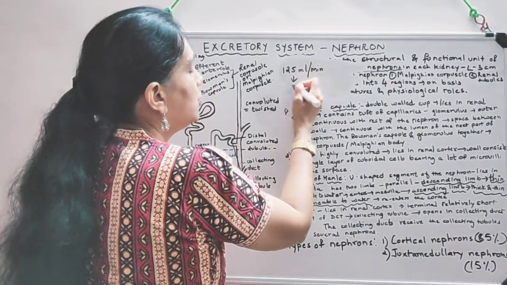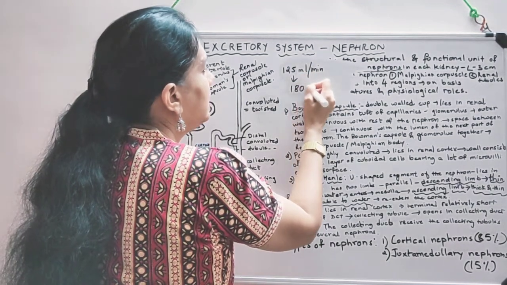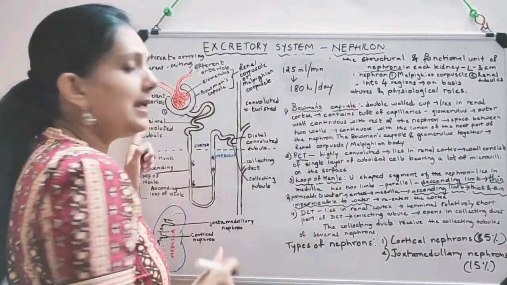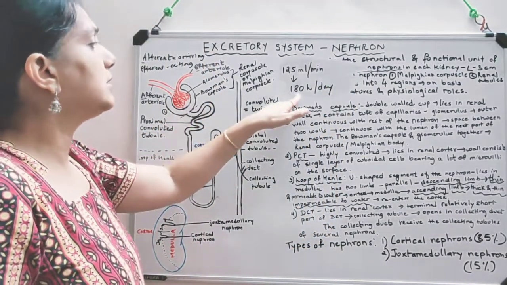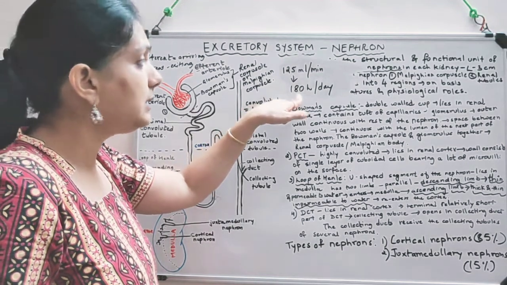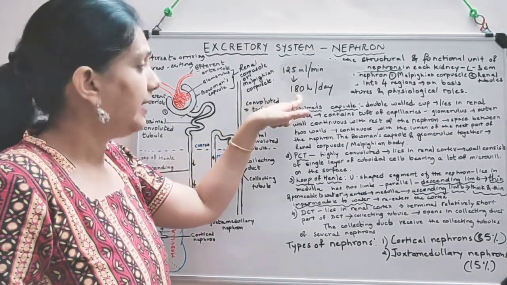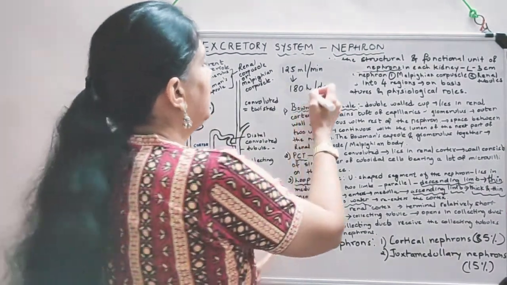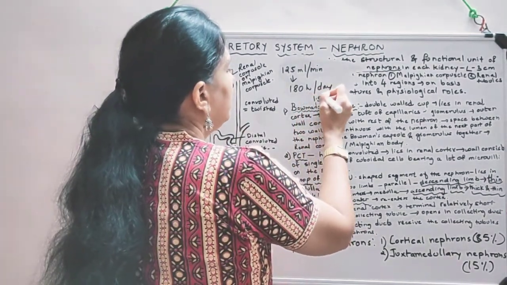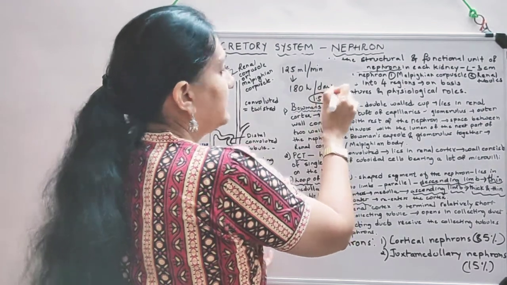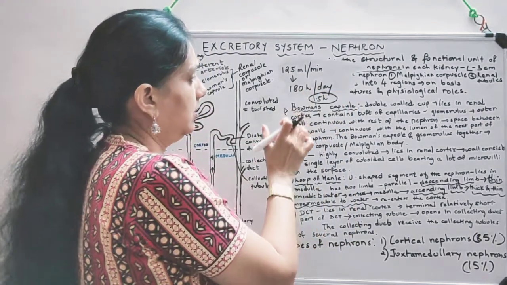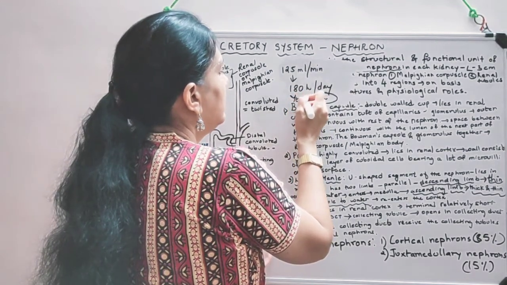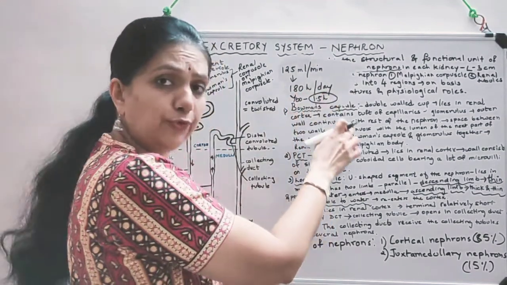That amounts to 180 liters per day. So daily the kidney filters about 180 liters, and the urine output maximally is 1.5 liter. This is the maximum urine output. The range is between 700 or 800 ml to 1.5 liter.